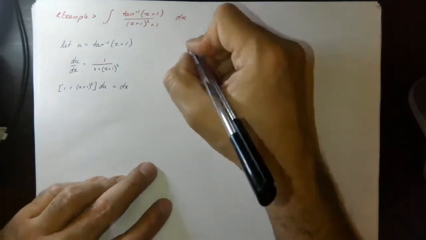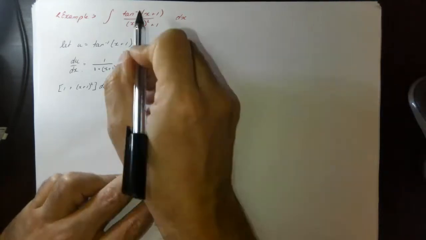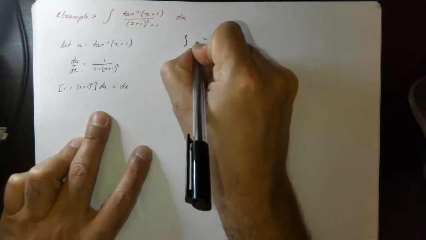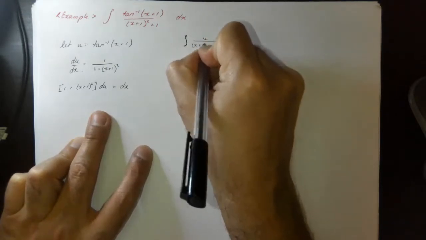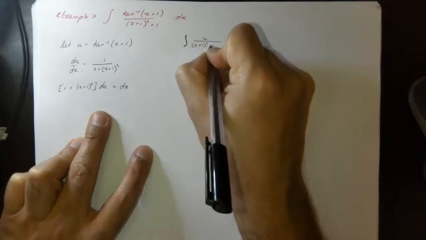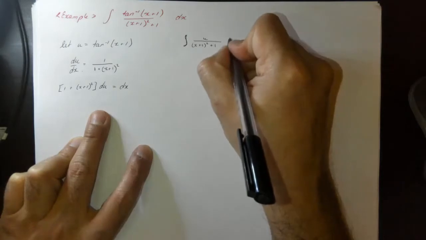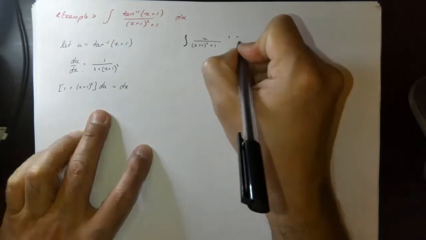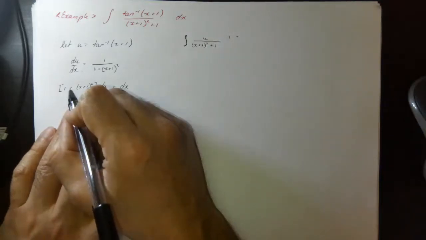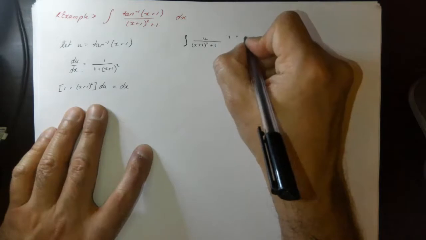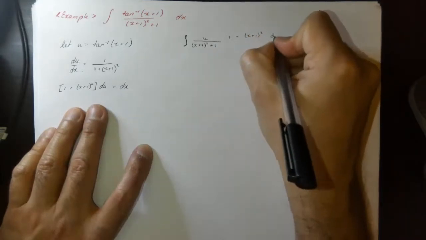So if we want to integrate, we've got u over (x plus 1) all squared plus 1, multiplied by 1 plus (x plus 1) all squared du.